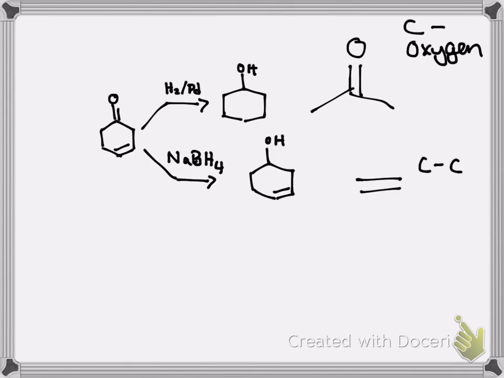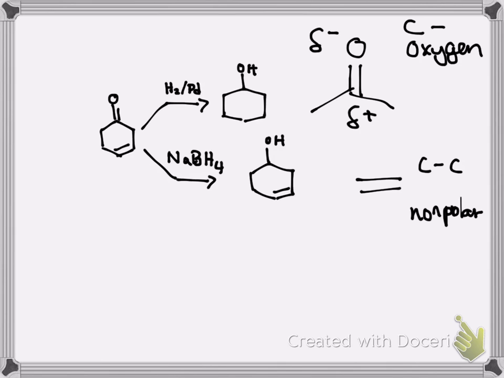Big electronegativity difference, so charge distribution. So this one is very polarized, all right? And this one is nonpolar. In fact, this partially explains why sodium borohydride is selective for carbonyls, aldehydes and ketones.